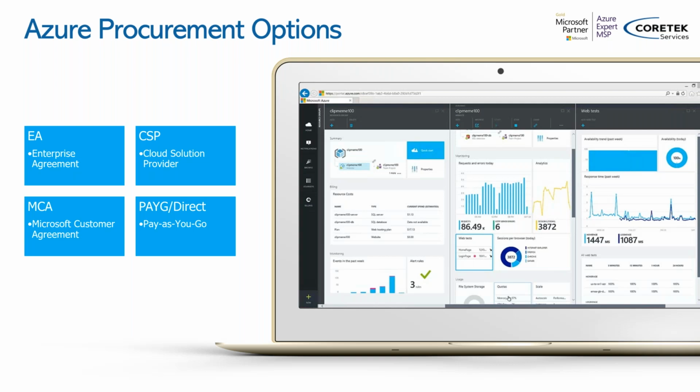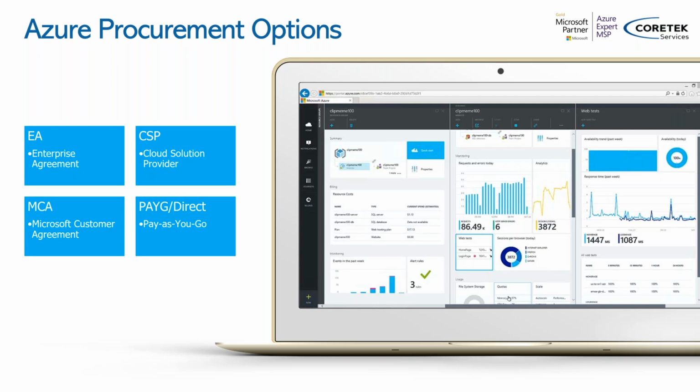And CSP stands for Cloud Solution Provider. A partner like CoreTech is a CSP, specifically a direct CSP, and so we provide cloud solutions through Azure as well as Microsoft 365 licensing directly to the customer, and then all the billing. We'll talk about that a little later. We have a relationship with Microsoft, so we're in between, handling some of the services for the customer directly, having that direct relationship.